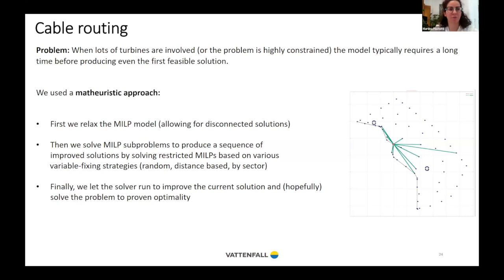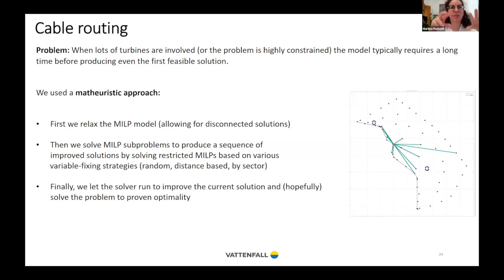So again, a combination of mathematical models and heuristics, but a bit different from the previous one. What we noticed here was that the challenge was even to find the first feasible solution. So our solution was to first relax the model and say to the MIP solver, look, find me the first solution that you can, and I don't mind if it's disconnected.